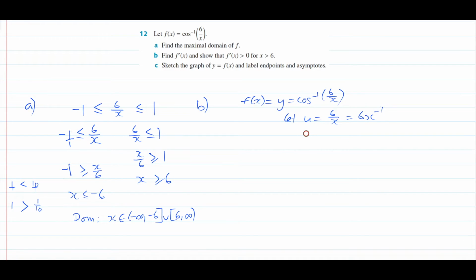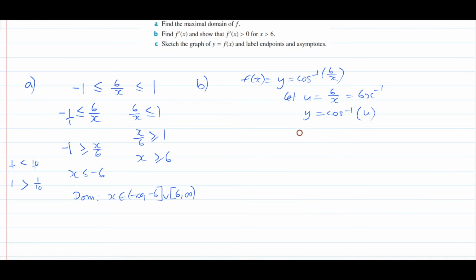And we let y equal cos inverse of u, because u is 6 over x. If you want to find dy/dx, which is f'(x), it will be dy/du multiplied by du/dx, because then the du's cancel out and you have dy over dx.